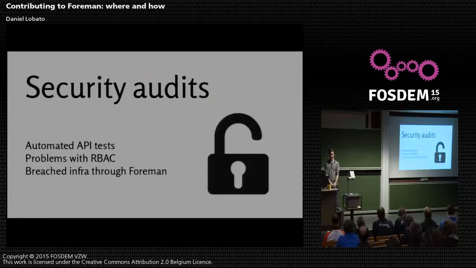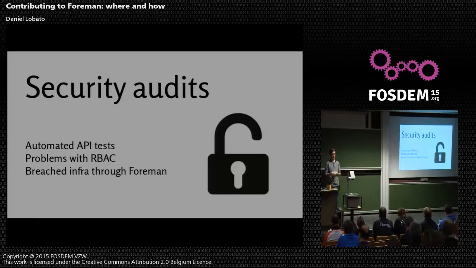So, audits. When I worked with Foreman in a production environment, we had a security team that made sure that permissions were enforced properly and that the roles were working as people thought they were working.